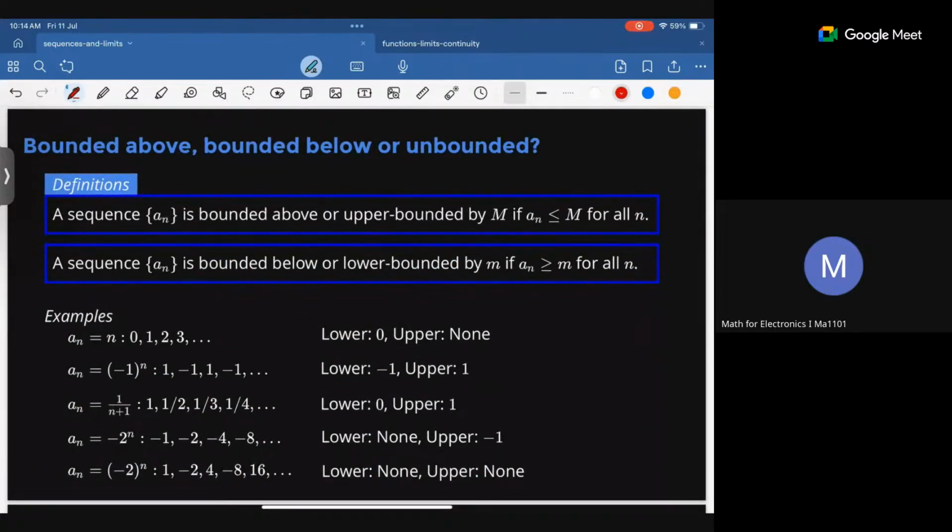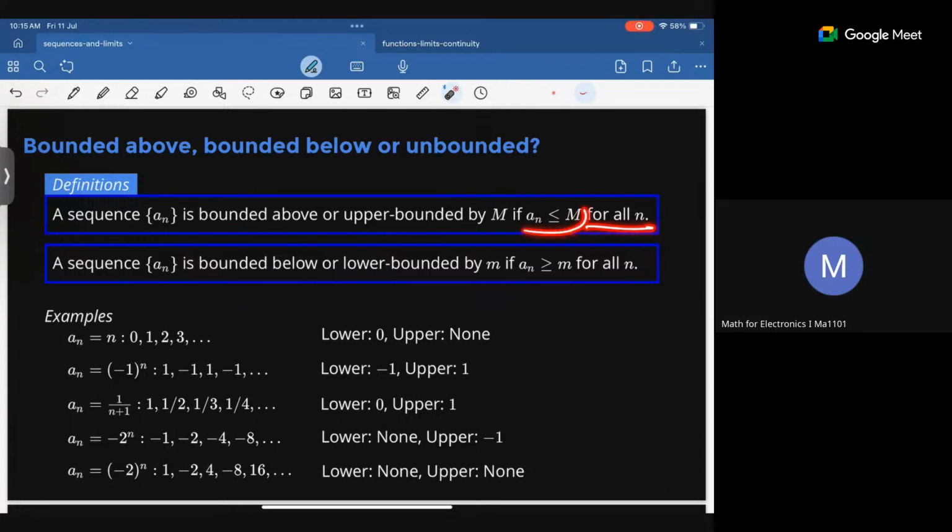So what does bounded above, bounded below, or unbounded sequences mean? Okay, so a sequence, see here, you can see it clearly, right? A sequence within the brackets an is bounded above, or upper bounded. So you can call it any way. We usually use the term bounded above most of the time, right? So it is bounded above by some real number capital M if all our sequence terms are below this M. Okay.